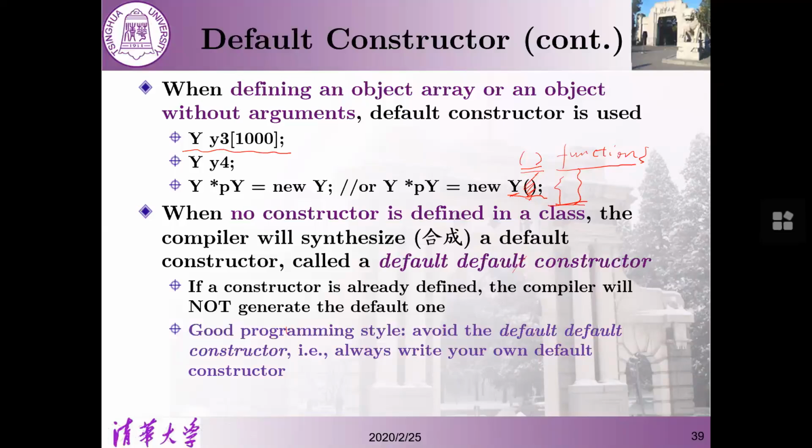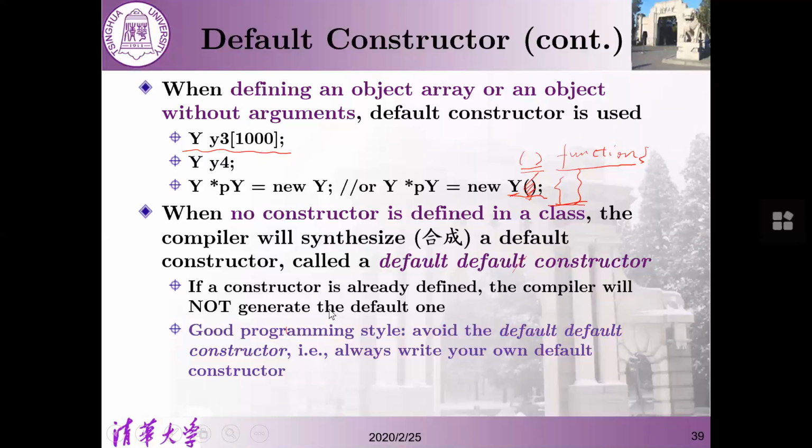Okay, when no constructor is defined in the class, the compiler will synthesize one. This synthesized constructor is called a default constructor. And because the synthesized default constructor has no arguments, it is also called a default constructor.